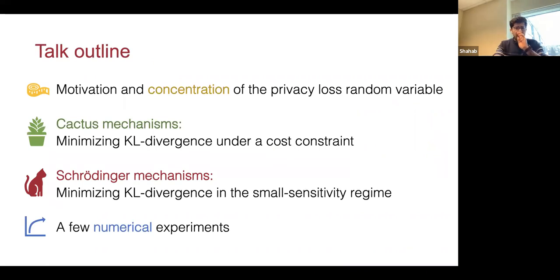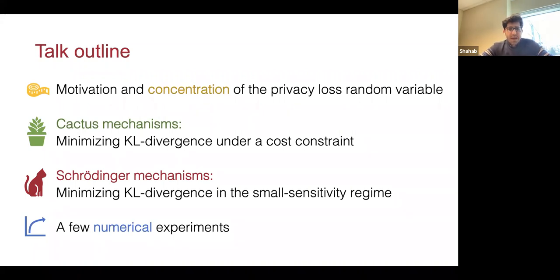Okay, so the outline of the talk is as follows. I want to begin by motivating why we are looking at the large composition regime. And then I will talk about very basic concentration results for a very important random variable, the privacy loss random variable, which is the heart of differential privacy. Then I will introduce a new family of mechanisms, which we call the Cactus mechanism, and we argue that this family is optimal in the large composition regime.